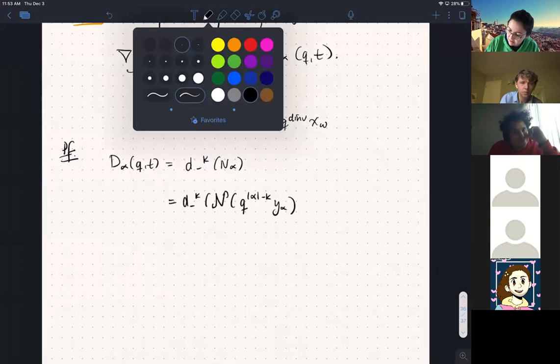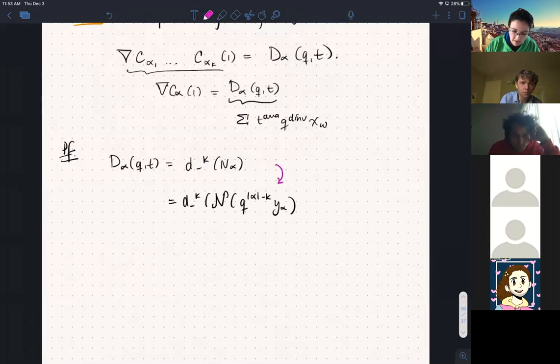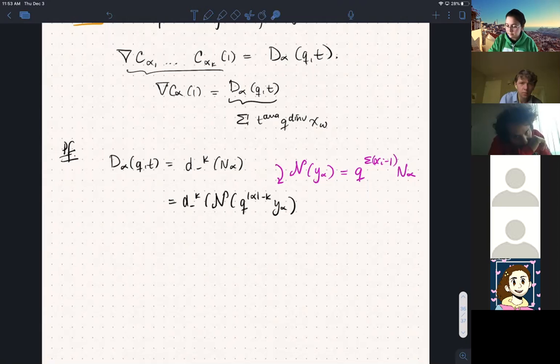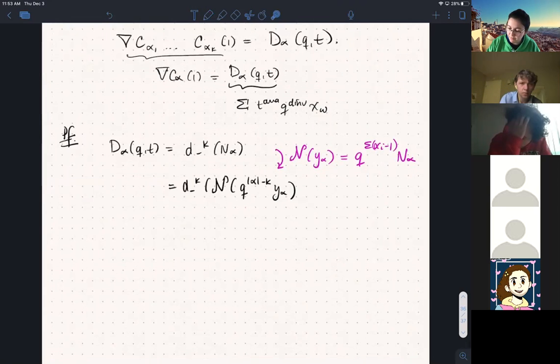Why? How did I get from here to here? Well, I just used the fact, this is literally the theorem we just saw, that if you apply this involution to Y alpha, we get Q to the sum of alpha I minus 1 times N alpha. So all I'm doing is moving this Q to the other side. And then we get this. Good.